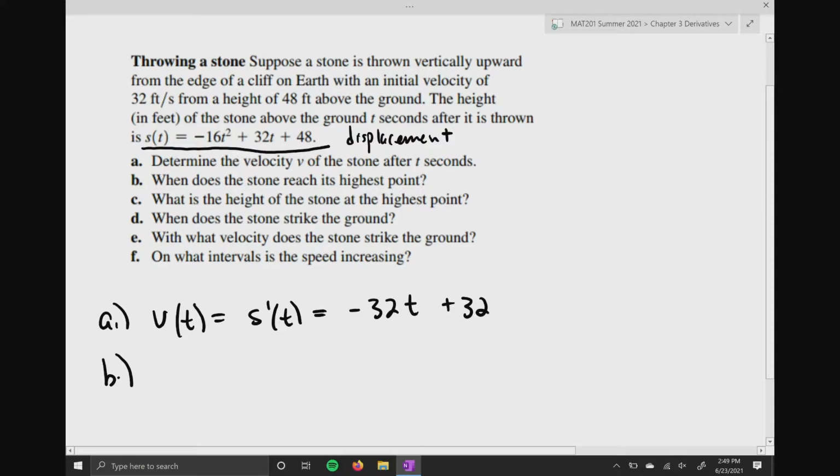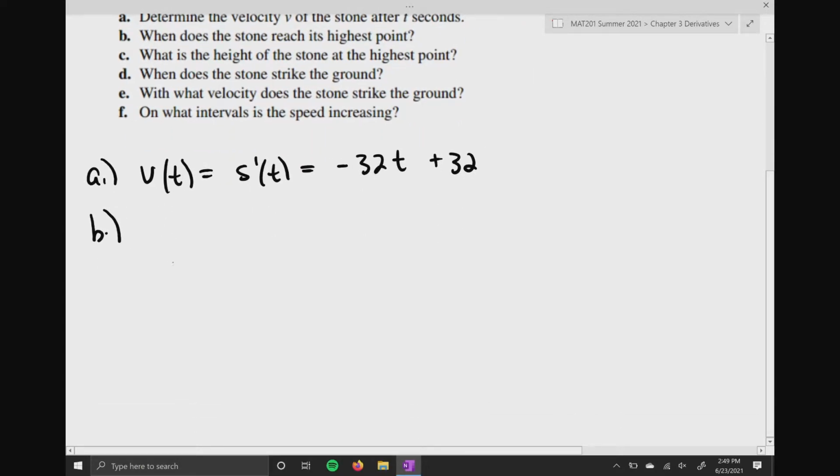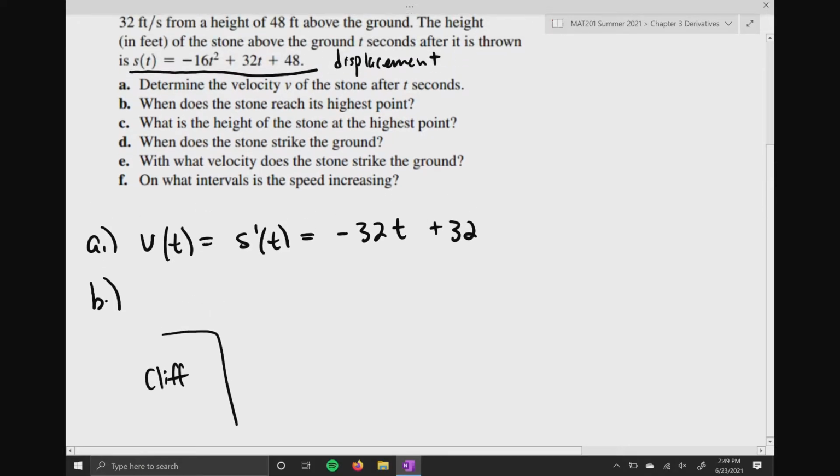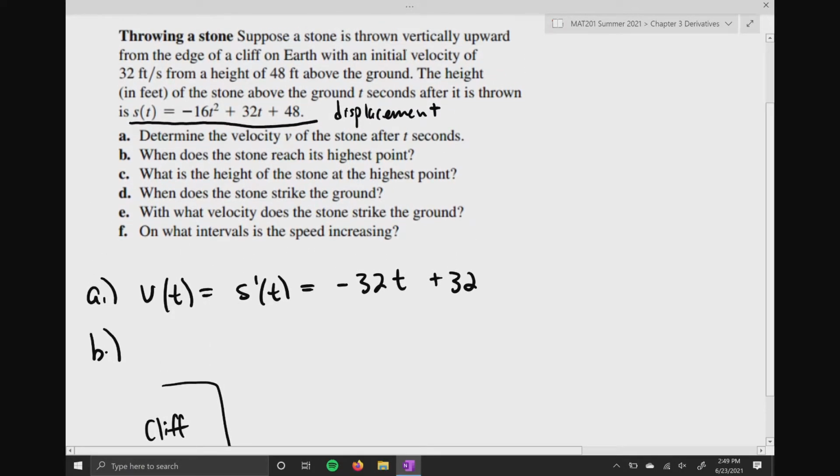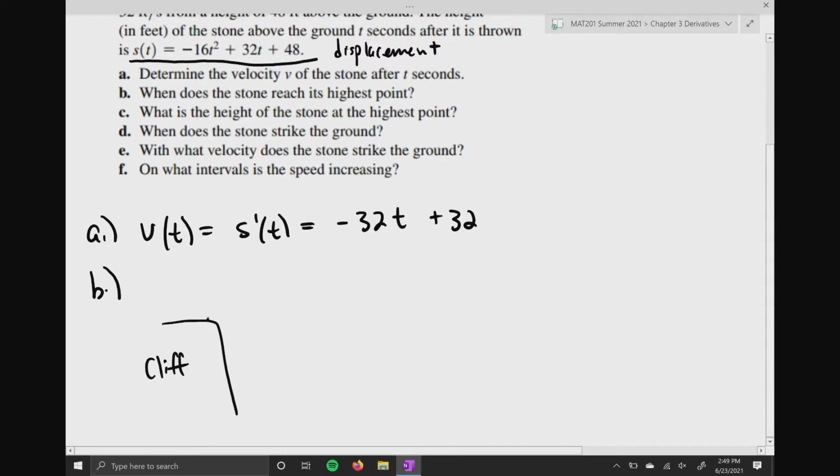Now, part B says, when does the stone reach its highest point? Well, if you think about the motion of a stone, we know this is on top of a cliff, and please excuse my amazing artistic ability here. So here's a cliff, and the problem does say that it's thrown vertically upward from the edge of a cliff with an initial velocity of 32 feet per second. So we know the rock is going to go up, and then it's going to go back down.